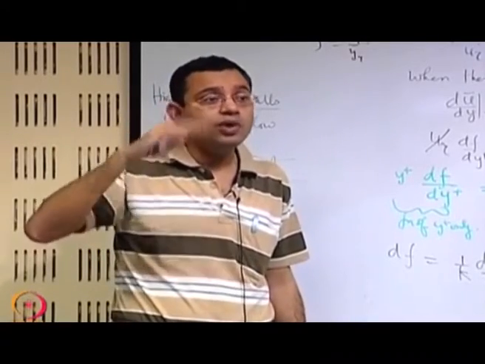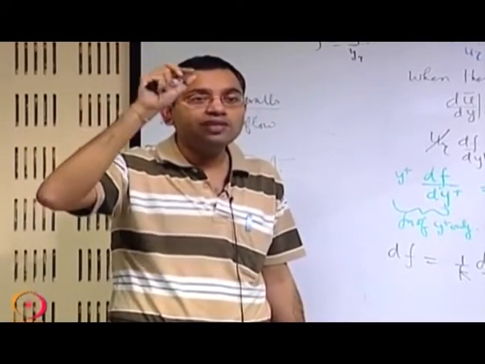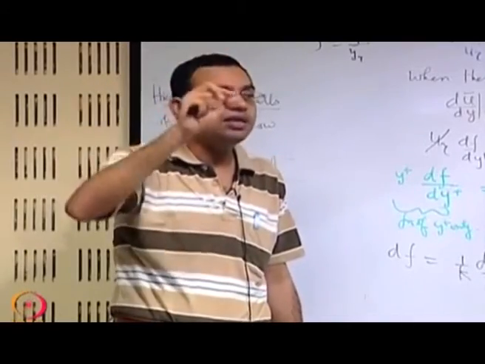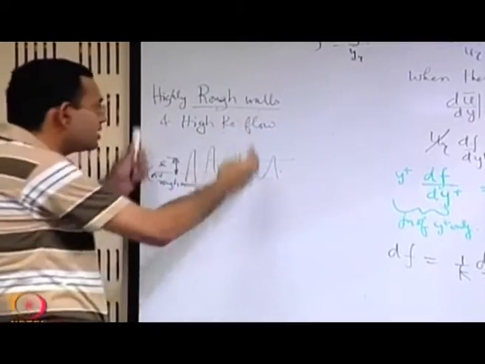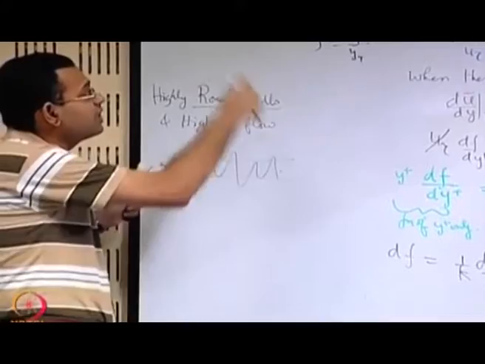This effect becomes more and more at higher Reynolds number, because the viscous sublayer becomes thinner and thinner. At very high Reynolds number the viscous sublayer is almost vanishingly small, so almost the entire roughness elements are exposed to the flow, and therefore the roughness dictates the flow.